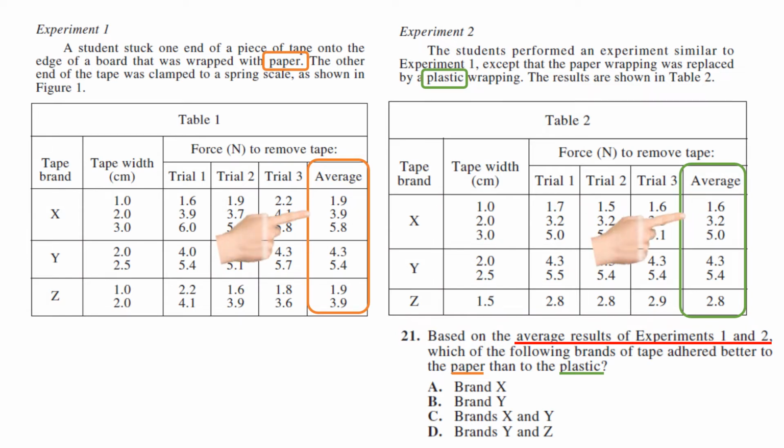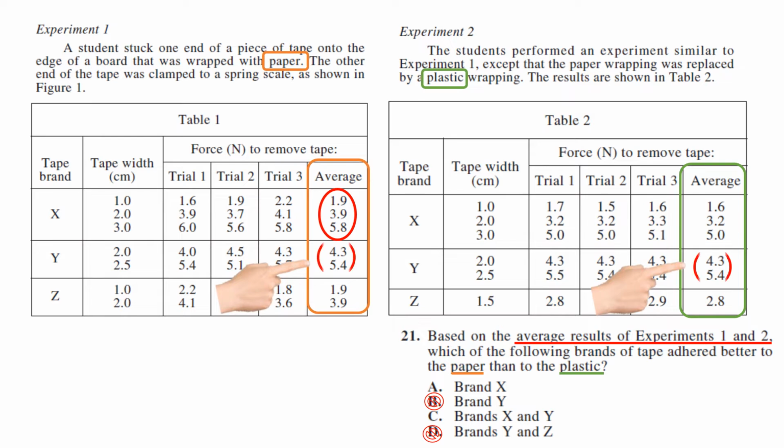Let's look at brand X first, and we see that in each case, brand X took more force to remove, so it adhered better to paper than to plastic, and that's what we're looking for, adhered better to paper. So we can eliminate choices B and D because they don't have brand X in them. We check choice Y, and we see it's equal in both cases, so we can eliminate choice C, and the answer has to be A.